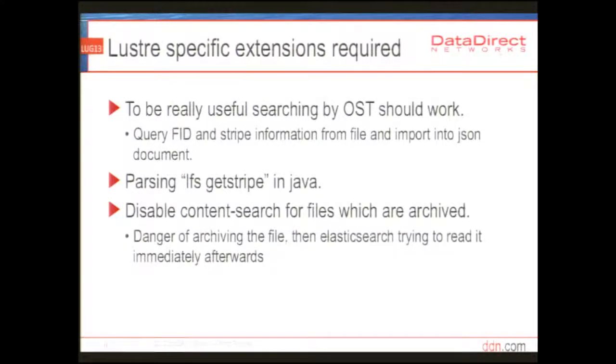One thing we did look at was integrating this with HSM and actually archiving or scanning files and doing the content search as you copy the data back out to a HSM file store, and integrating Elasticsearch with a policy engine.